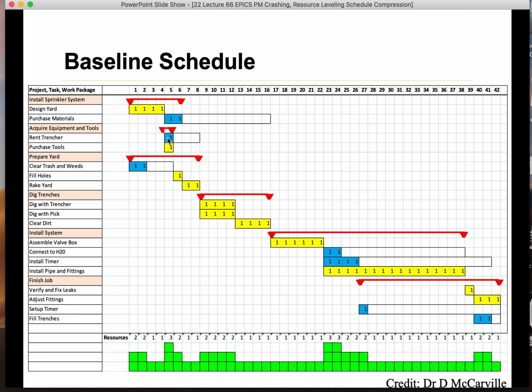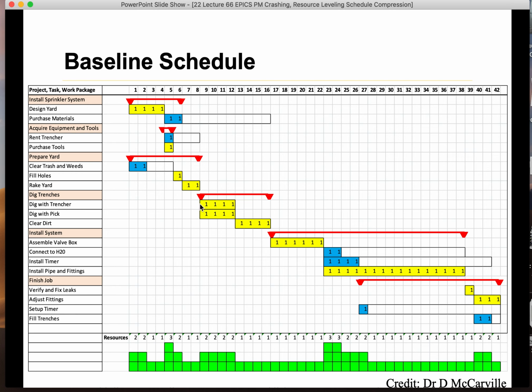Okay, and here, also renting the trencher, I can do this here, here, here, or here because I have slack time. Because if you look at the work breakdown structure, I don't want to open it right now, but to start digging with the trencher, I need to acquire it.